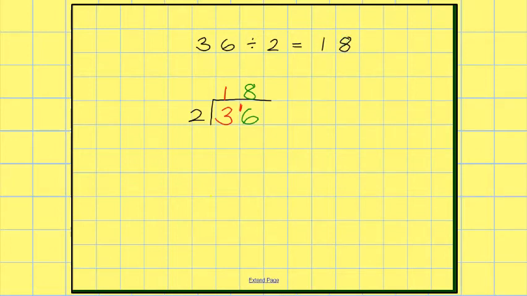Double 18 is 36. So this allows us to quite quickly and simply divide larger numbers. Okay? Let's see if we can try another one, and I'll show you the method again.